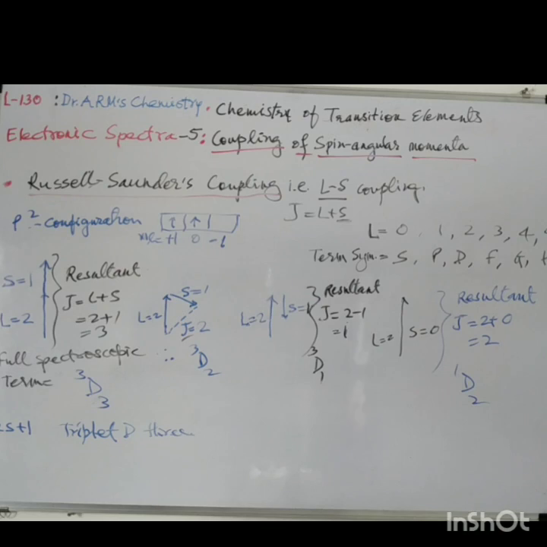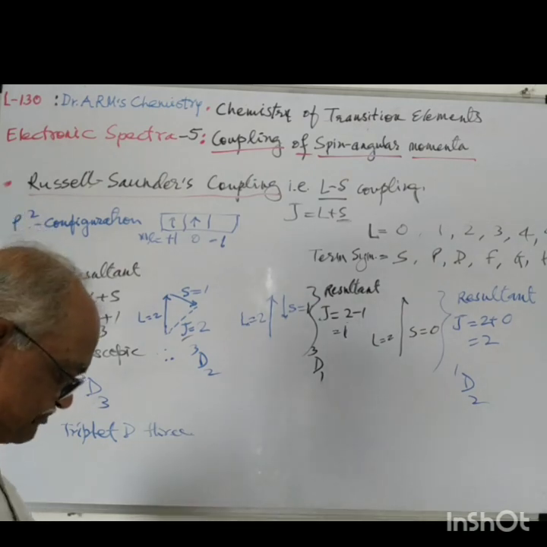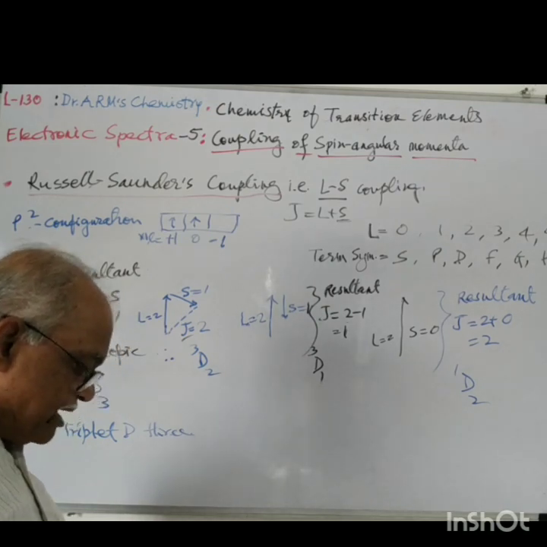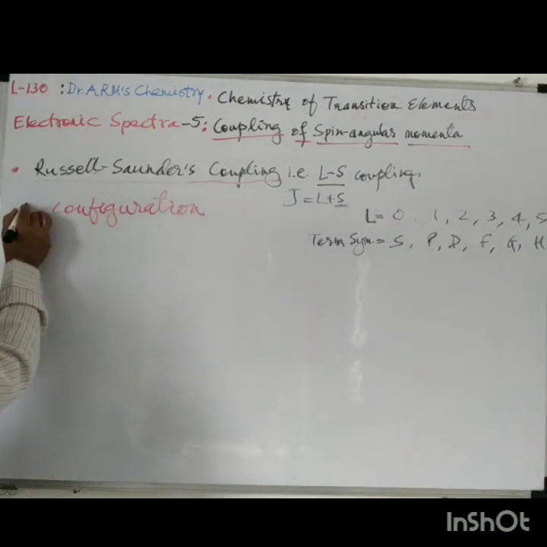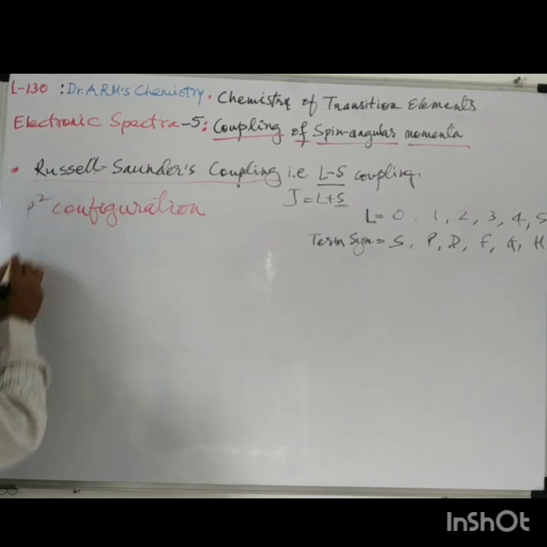It is called a singlet D2. So for this L is equal to 2, p orbital. If we take the p2 combination, then there are 2 electrons.